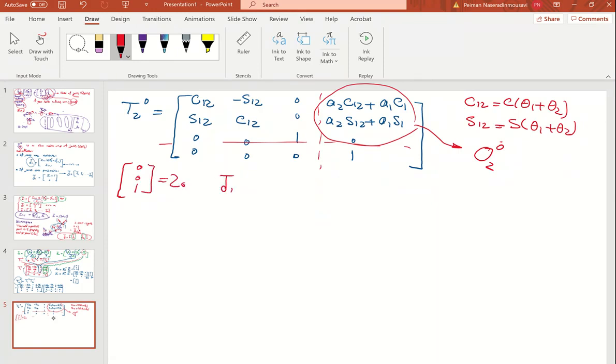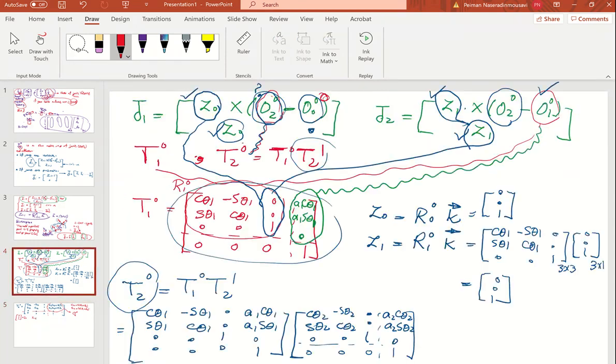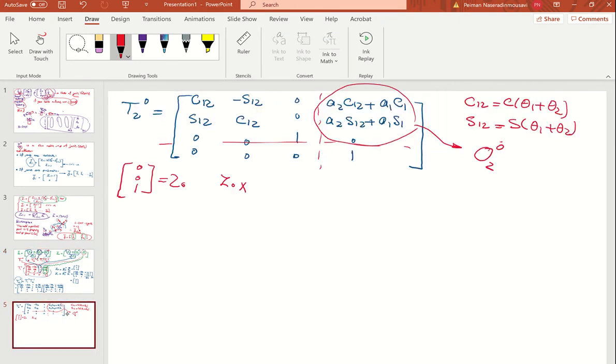So J1 is, first of all, before going to J1, I have to calculate this: Z0 cross product of O2 with respect to 0.